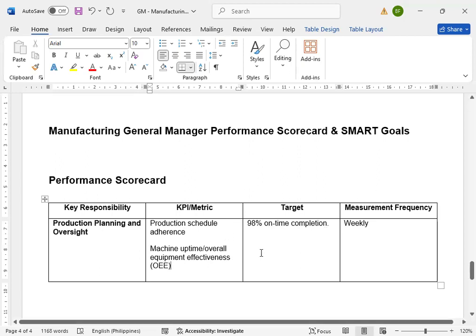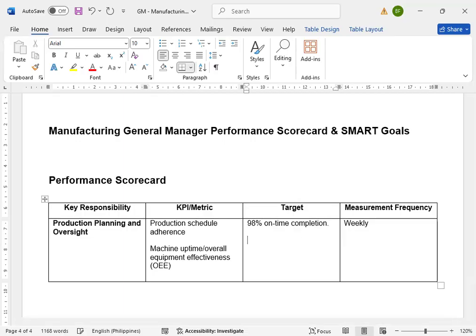Okay, so that's why it's important for the GM to provide the necessary training, the necessary tools, equipment and materials in order for the maintenance team to be able to do their job effectively and efficiently. So what would be the target for this? It should be 85%. No such thing as 100%, as I said.